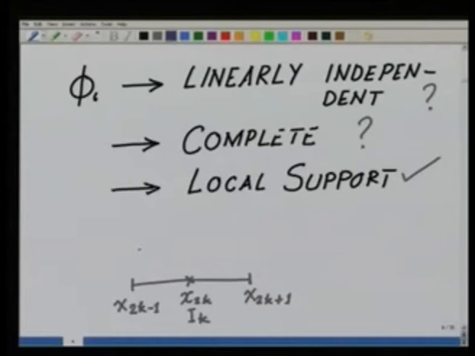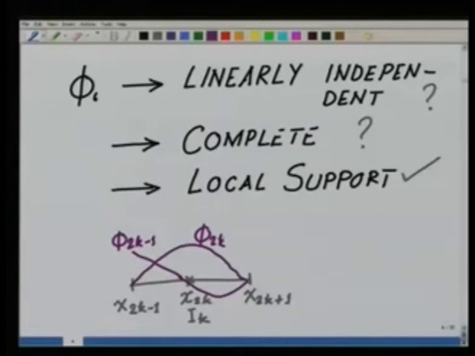The phi's which are non-zero here are phi 2k minus 1, phi 2k, phi 2k plus 1.